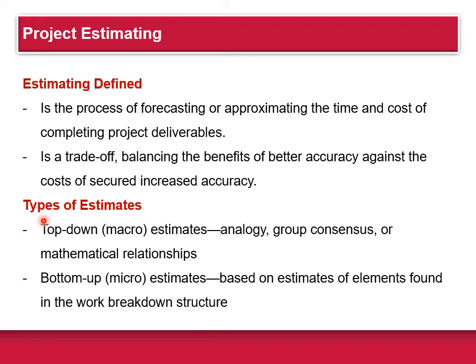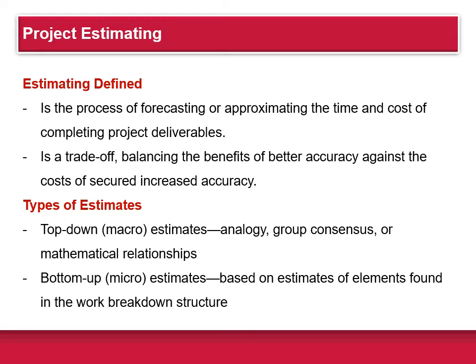So first of all, what is estimating? Estimating is the process of forecasting or approximating the time and cost of completing project deliverables. It's a trade-off, basically, balancing the benefits of better accuracy against the cost of increased accuracy. Estimates are typically classified as either top-down or bottom-up.